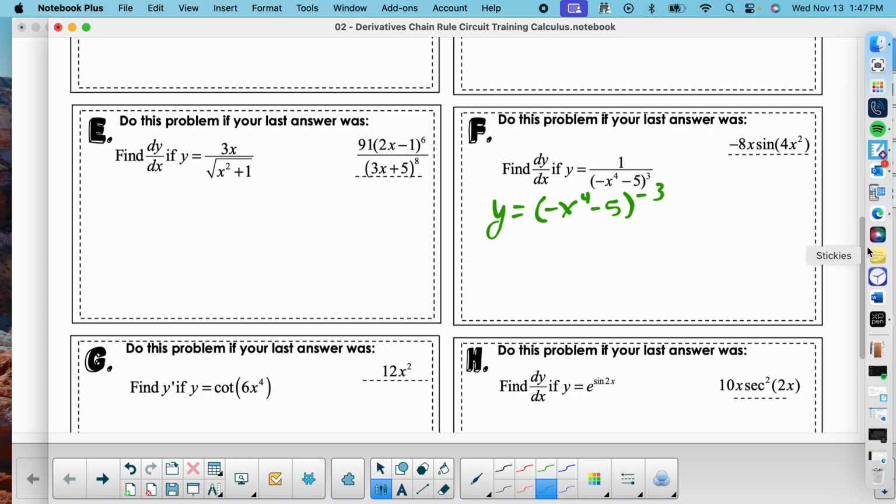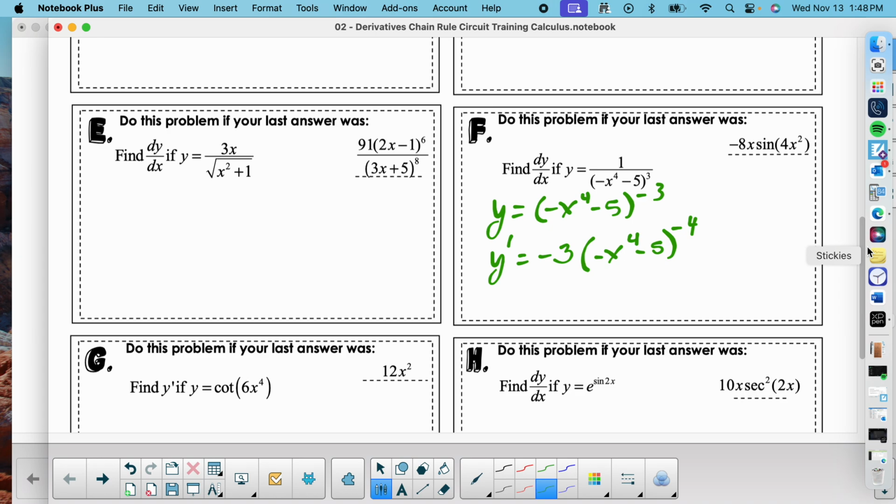This can only be written as a power, so I would bring it to the numerator and write it as negative third power. Now I'm gonna do power rule on the negative third power. So negative 3 in the front, keep the parentheses identical.